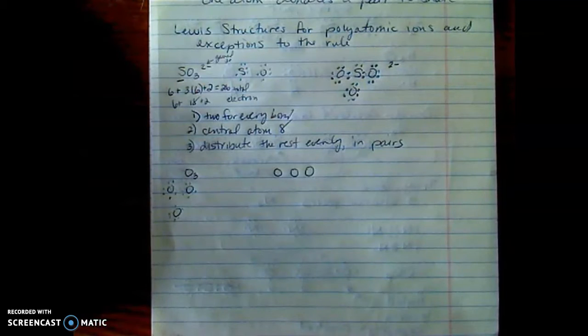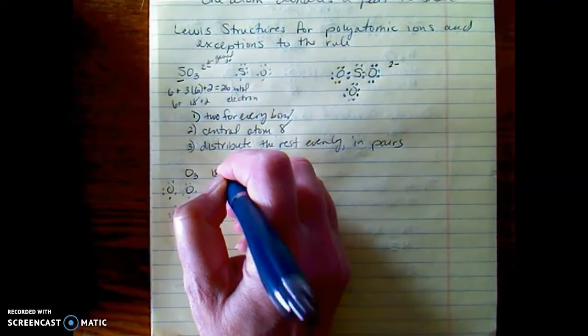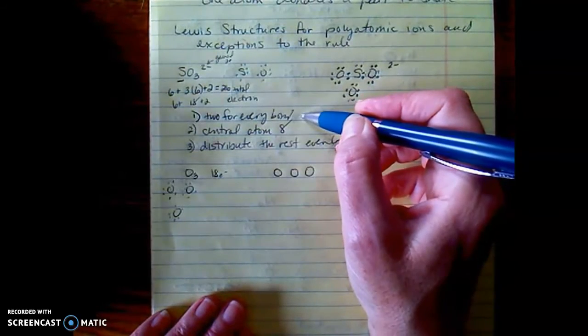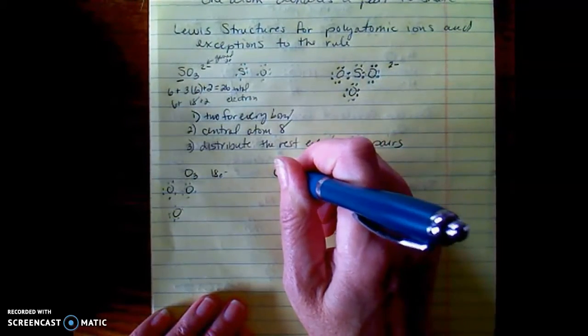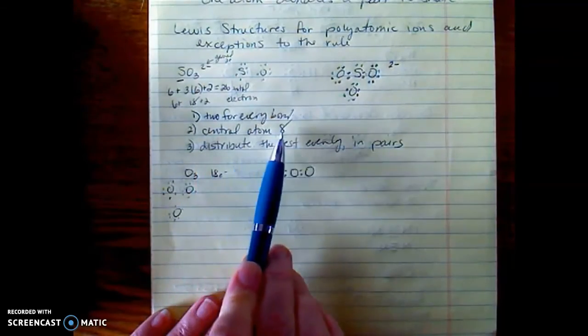Any structure where you can't tell how they're going to come together, you can use a counting method. We have a total of 18 electrons here, because each has 6, and 6 times 3 is 18. Again, follow our steps. First, 2 dots for every bond. Second, make sure the central atom has 8.